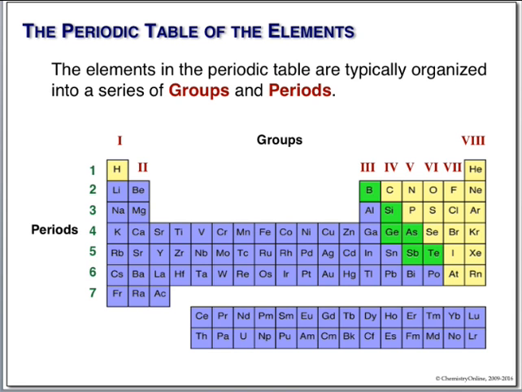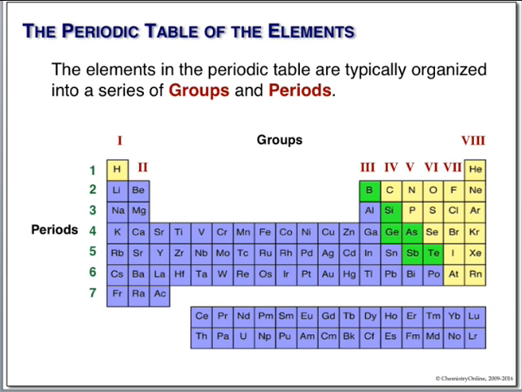Some tables number them 1 through 18. There's a real advantage to sticking to the 1 to 8. And when we start doing things like Lewis structures and talking about valence and stuff like that, it'll become very clear to you why 1 to 8 is a good deal. So we're going to do groups 1 to 8.